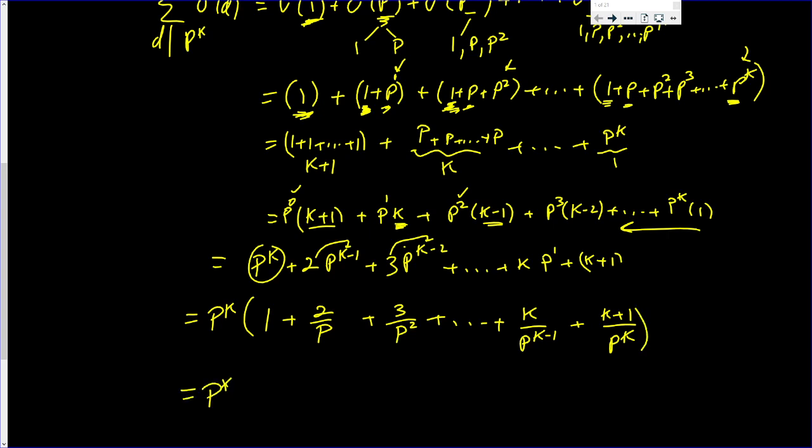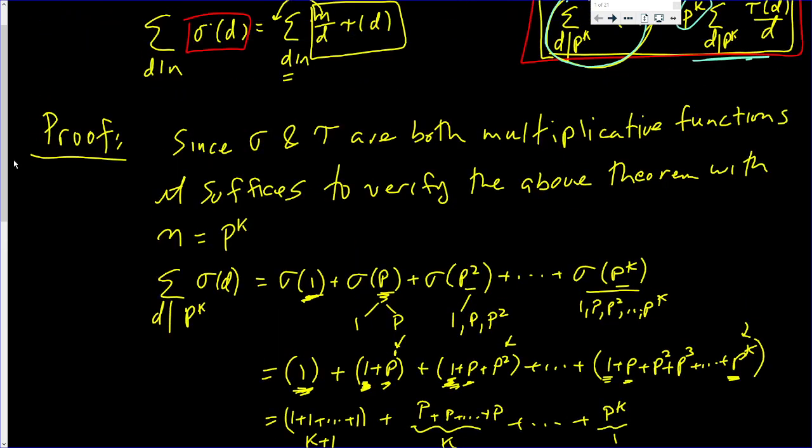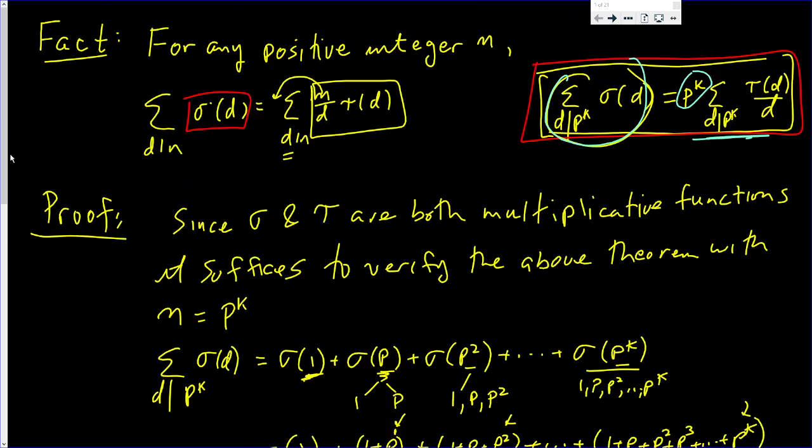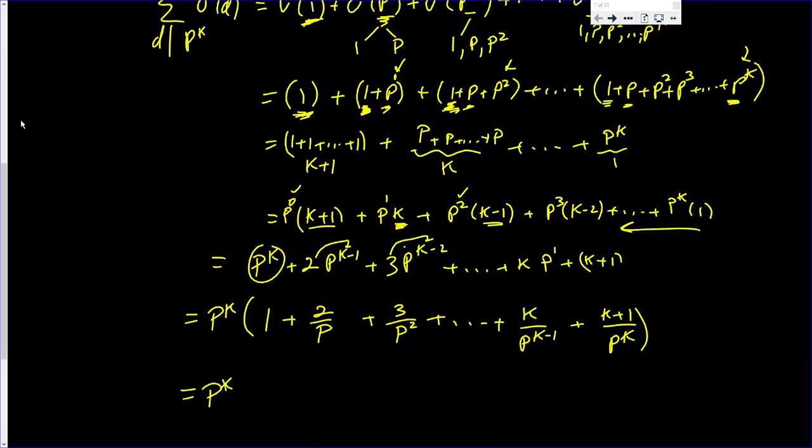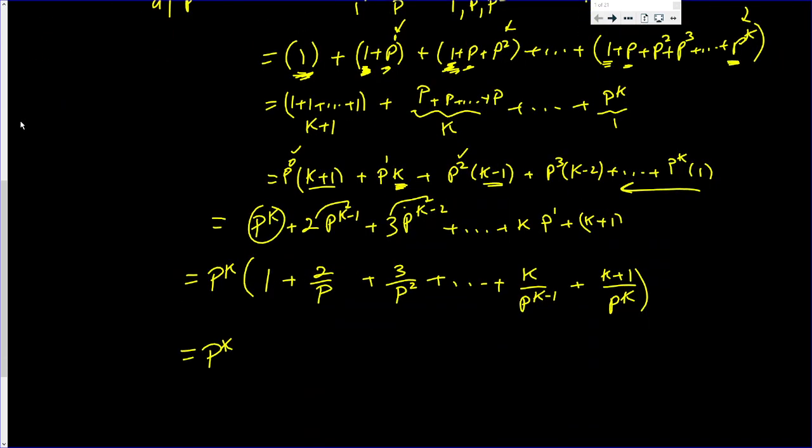Now we have p to the k. What do we want? We want tau of d over d. First thing I'll notice is that the 1 is tau of 1 over 1.